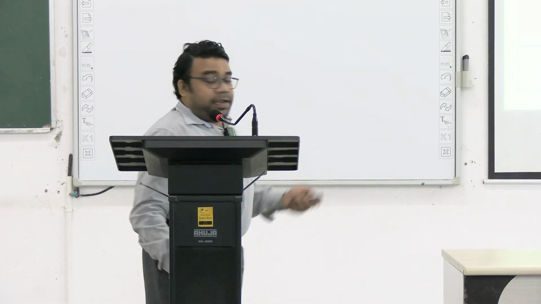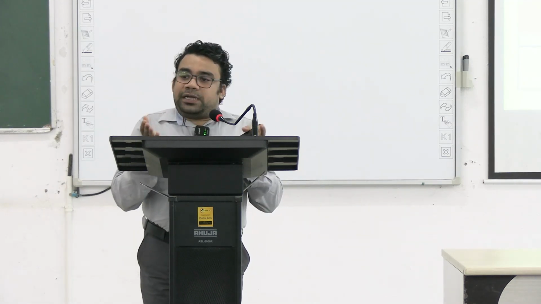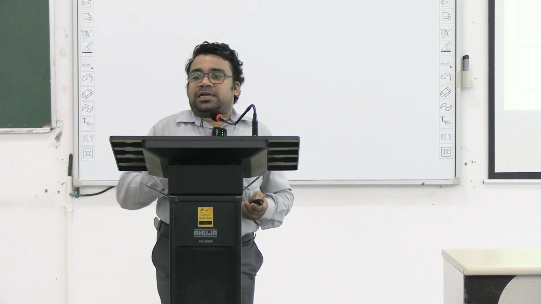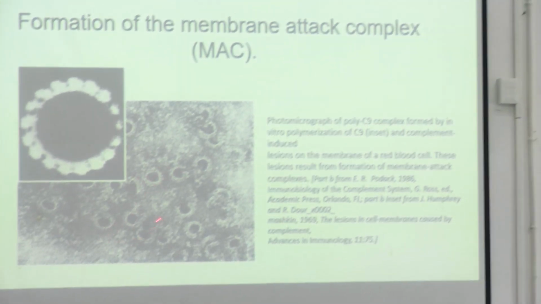Now, this C9 has a hydrophobic end and a hydrophilic end. The hydrophobic end attaches with the cell membrane of the bacteria, and the hydrophilic end goes inside. Hence, water along with other ions and electrolytes can come out of the bacteria and result in cell lysis. This is the electron microscopic picture. You can see that on the bacterial cell wall there are multiple pores.